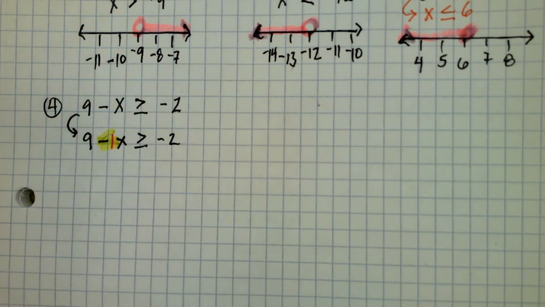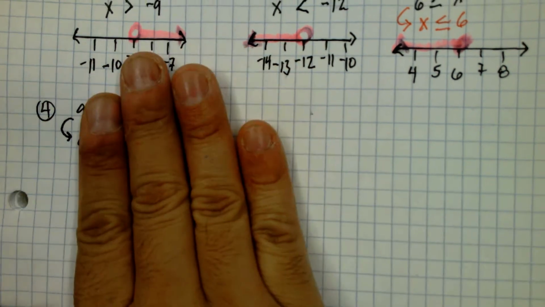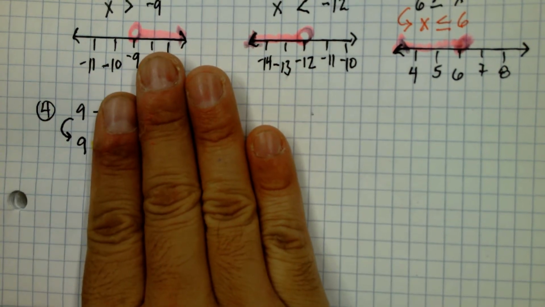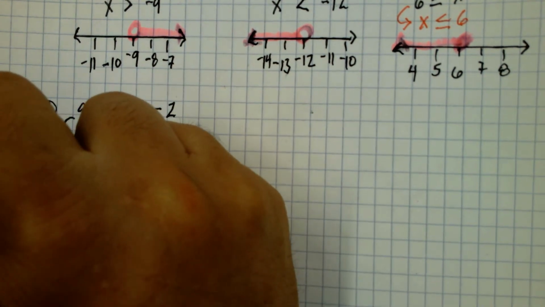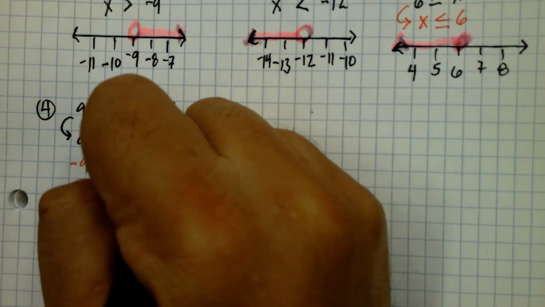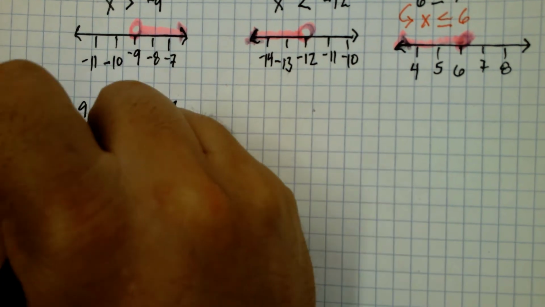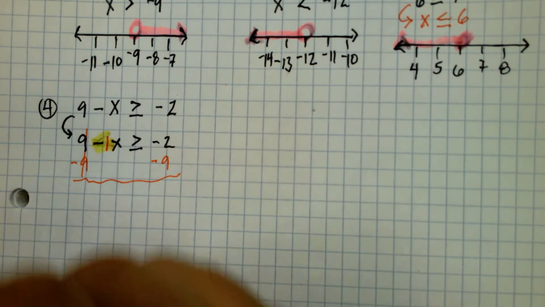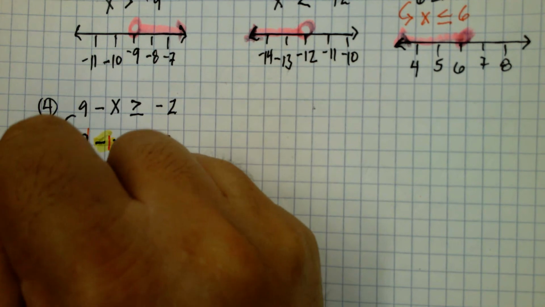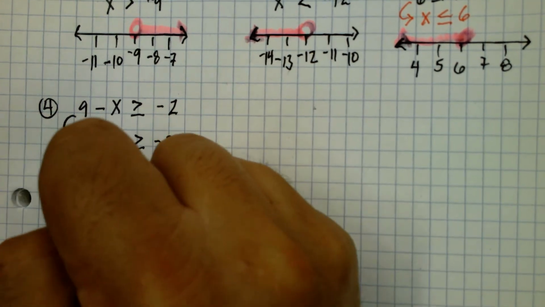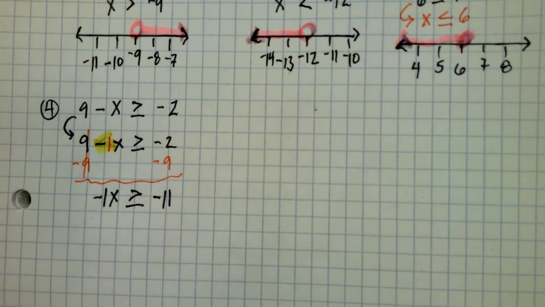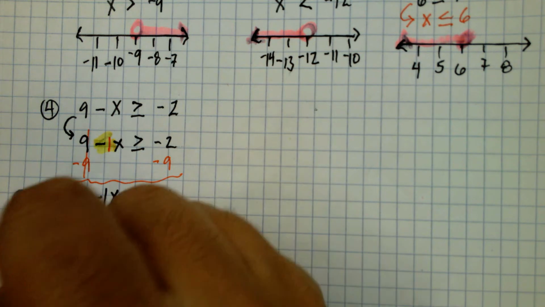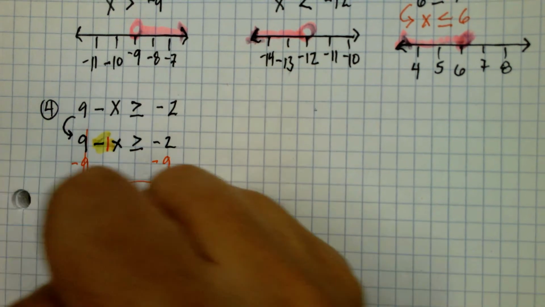Okay. Let's get rid of this 9. What gets rid of just 9? Minus 9 on both sides. And I bring down negative 1x is greater than or equal to negative 11. When I combine those, it's negative 11. Okay? And now I'm going to get rid of the negative 1 by dividing by negative 1.